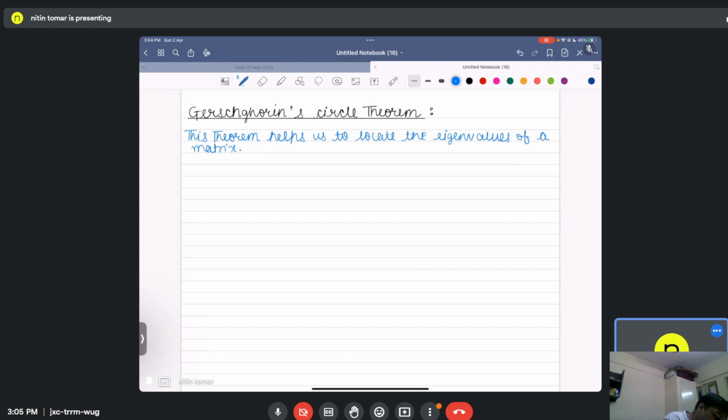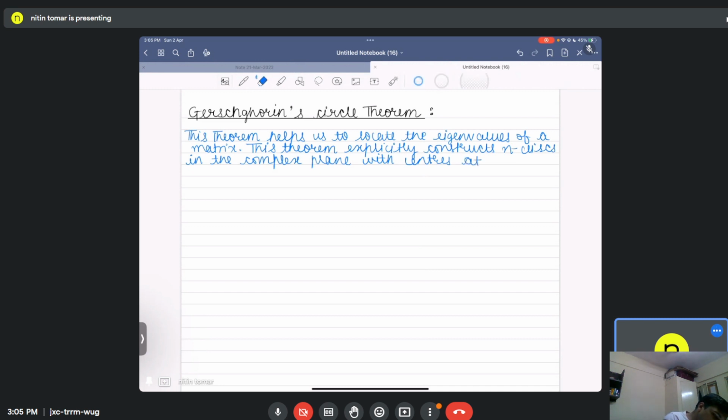This theorem actually explicitly constructs n disks in the complex plane with centers at the diagonal elements of the matrix.